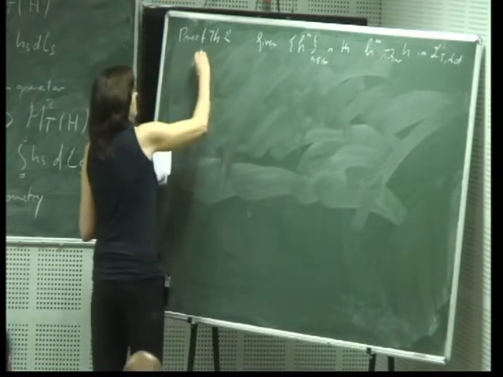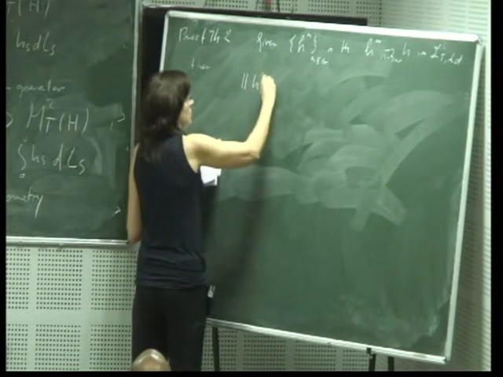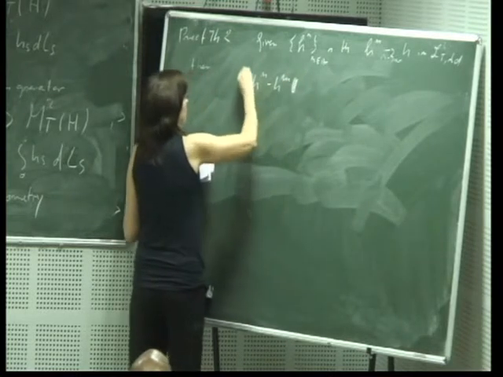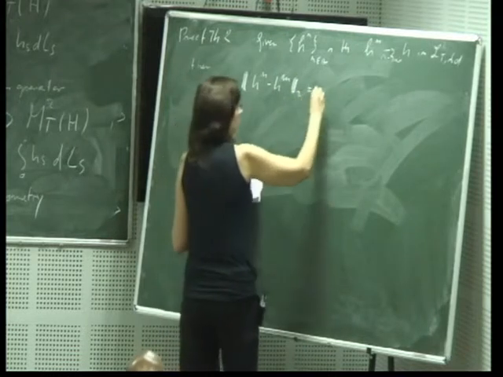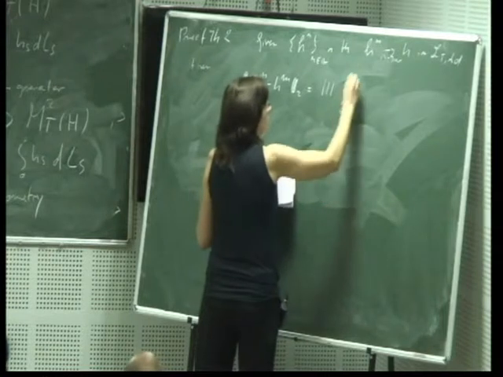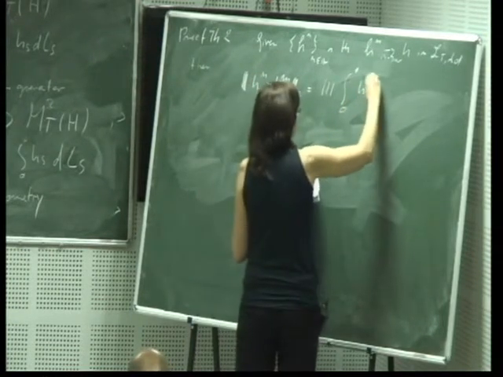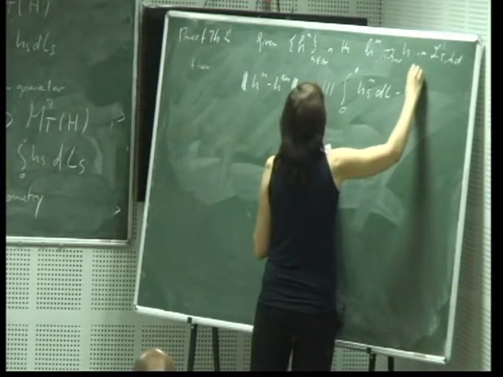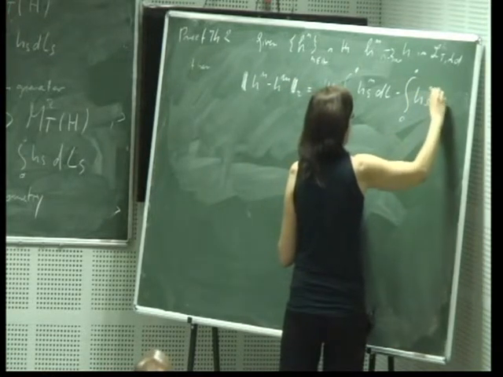Then it is a Cauchy sequence, and the norm of H_n minus H_m in this L2 space is equal, we saw it, to the norm of the stochastic integral of H_n in the L minus the stochastic integral of H_m in the L.